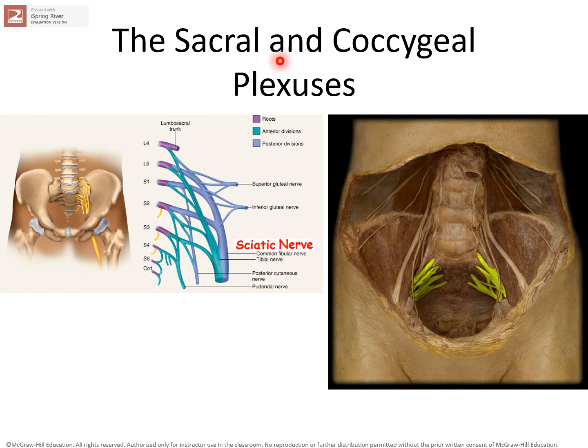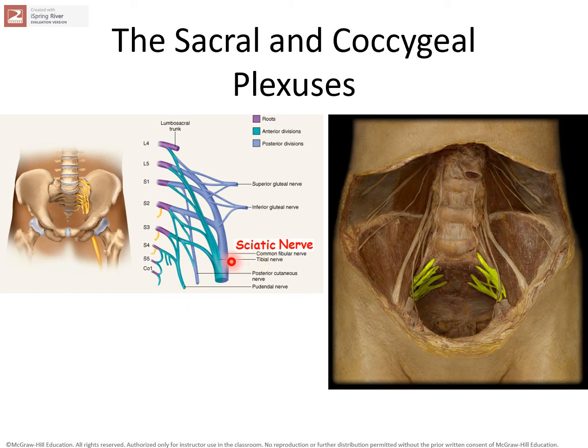And the next plexus is the sacral plexus and the coccygeal plexus. The sacral plexus extends from the L4 to the coccygeal vertebrae, okay, all the way down. And this sacral plexus supplies the butt and the perineum. Perineum is basically the region in between the anus and the scrotum or the vulva and the lower limb.